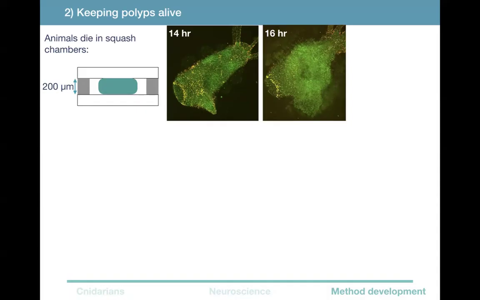The reason being that aggregates, their cells are already under quite a bit of stress, and so squashing them in these chambers is certainly not good for them. So we're not going to be able to image the entire reassembly process over several days. One important observation was that Hydra and aggregates can survive for up to a month without any care in an open dish.